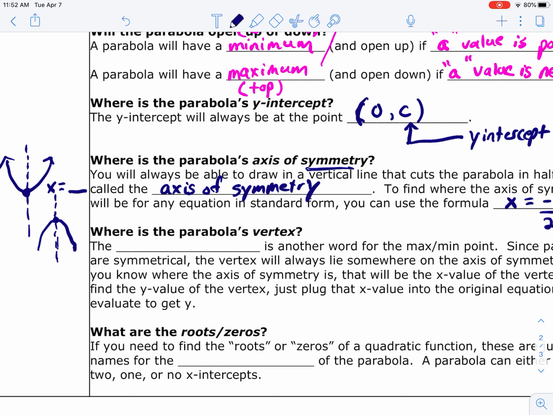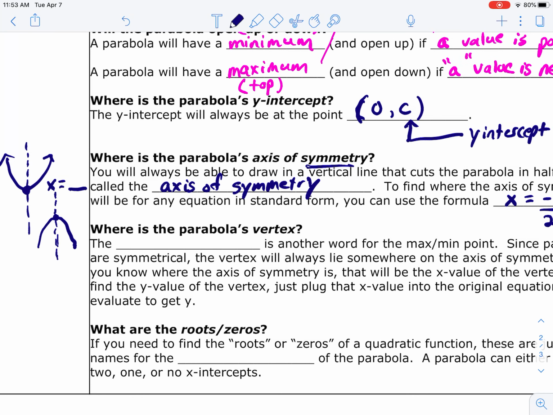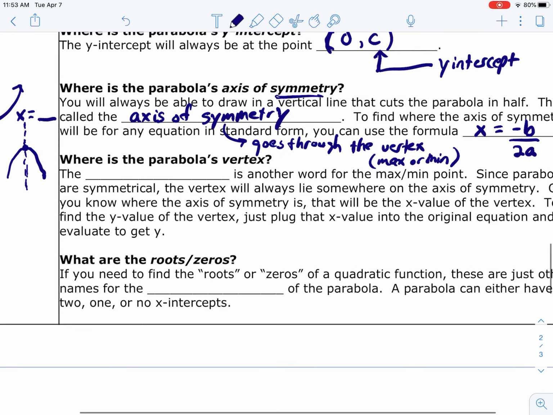So the axis of symmetry, by the way, will always go through that vertex point. So axis of symmetry goes through the vertex, and we'll talk about vertex next, but basically that's the max or min point. That's the maximum or minimum on our graph.